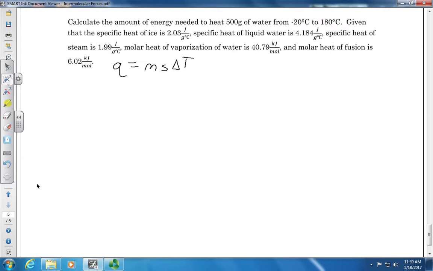So it's simply going to be a unit dimensional analysis converting 500 grams to moles and then multiplying that by the molar heat to get the total heat that is used to vaporize or to melt.